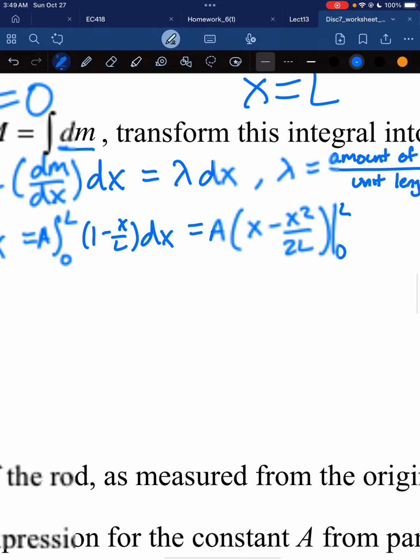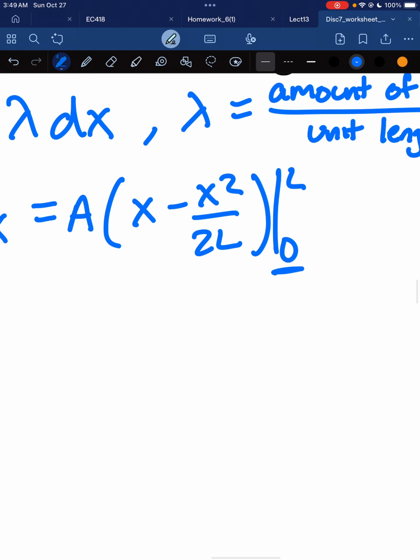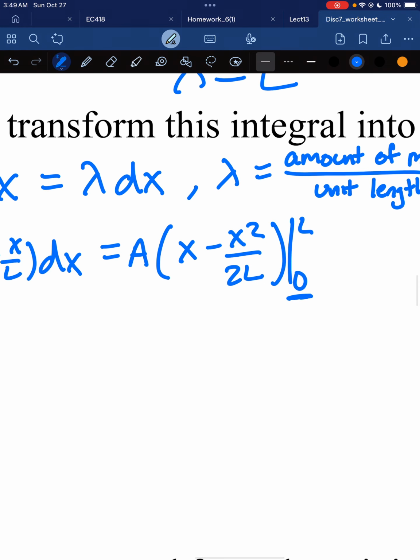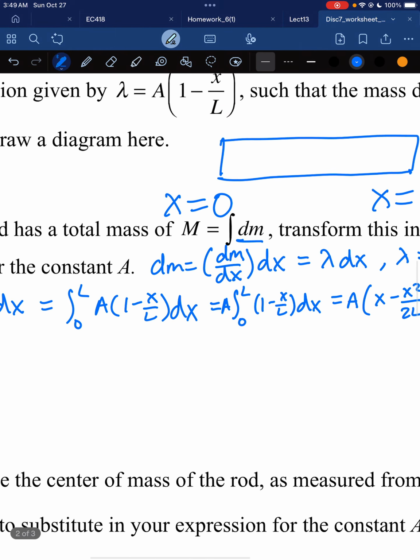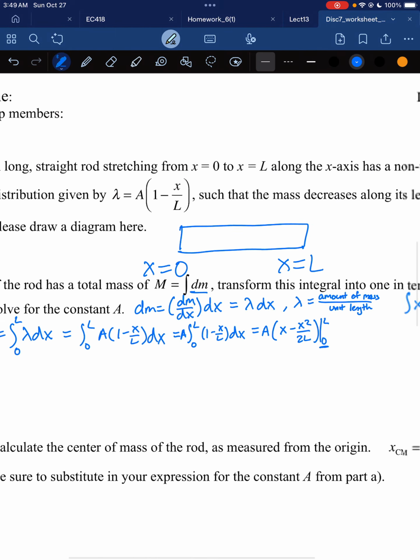And because 0 is my lower bound of integration, when I plug in 0 for x, I'm just going to get 0. And so all I need to do is plug in L whenever I see x, and that is it. So I'm going to go ahead and do that.